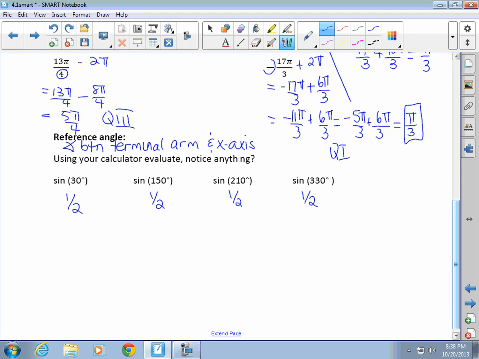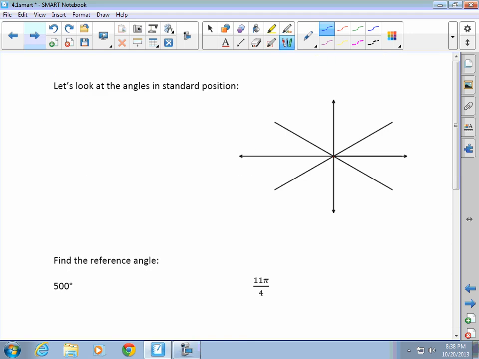If you were to look at angles in their standard position, so if this is 0 degrees, to go to here would be 30 degrees. Here is 90. This one here, if you were to measure this, this would be 150 degrees.